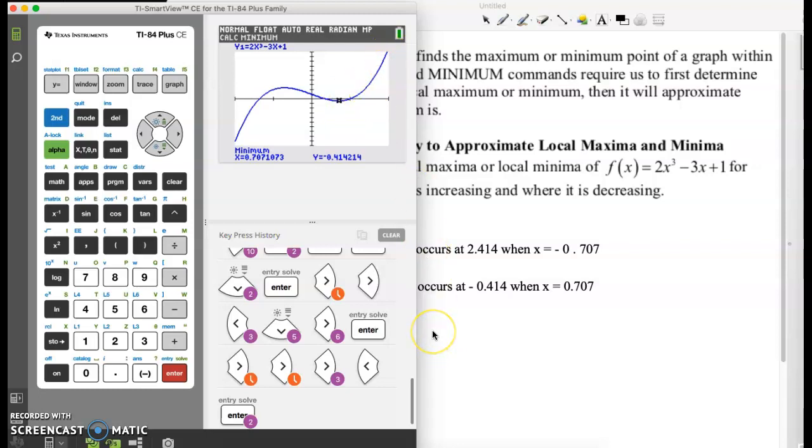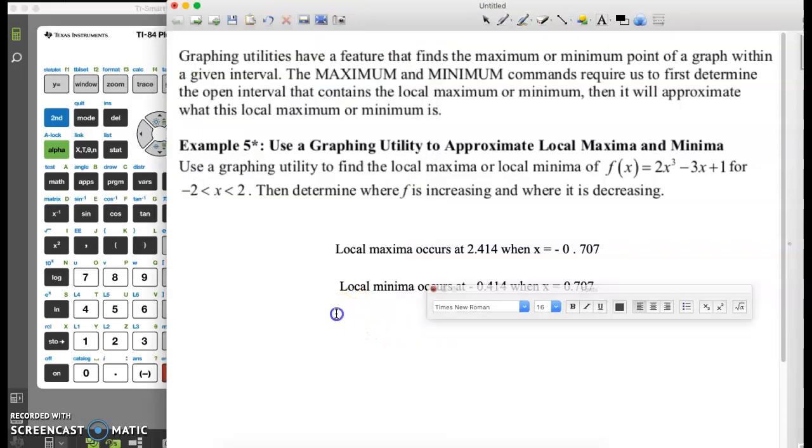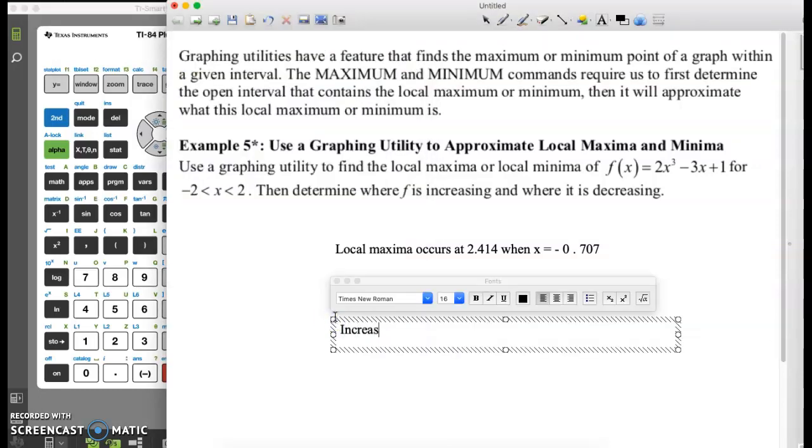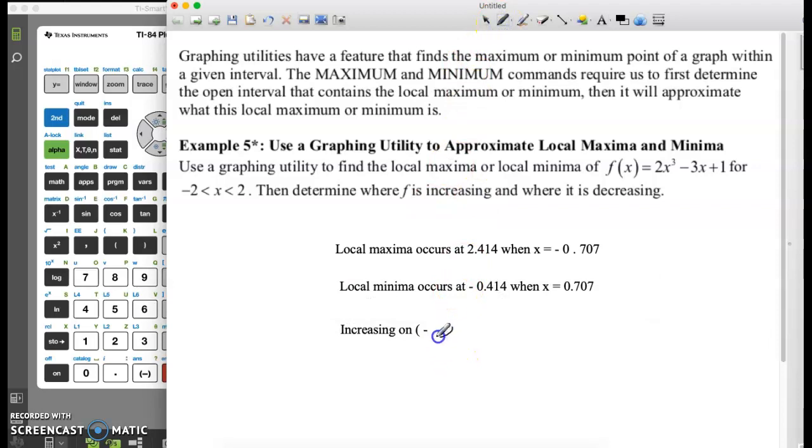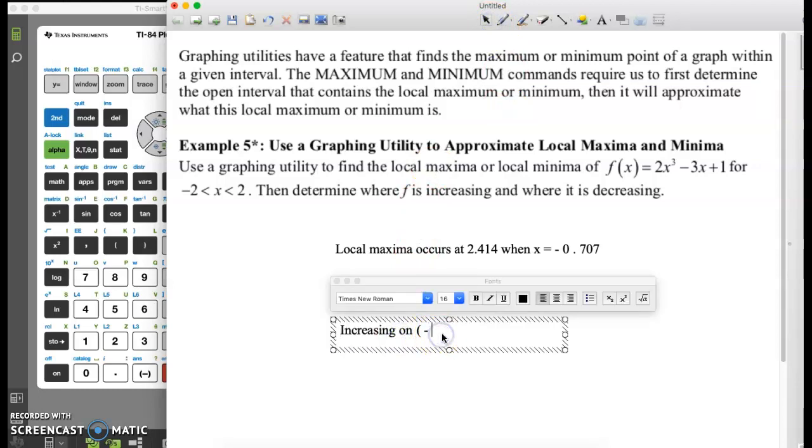Okay, so in terms of how we can write that, we can say that the graph is increasing on the bounds from negative infinity to the value of where our maximum was occurring at negative 0.707.